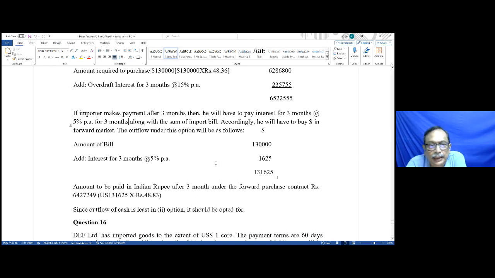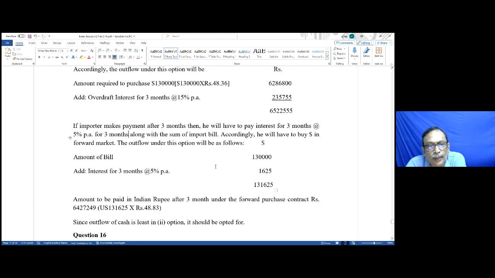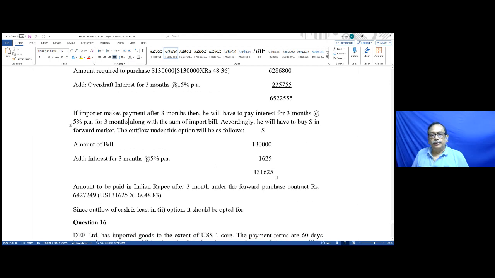Accordingly, he will have to buy dollars in the forward market. The outflow under this option will be the amount of the bill and interest for 3 months at the rate of 5%. So the total will be $1,31,625.